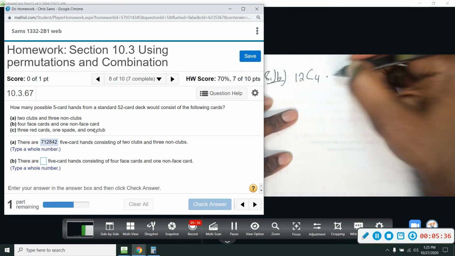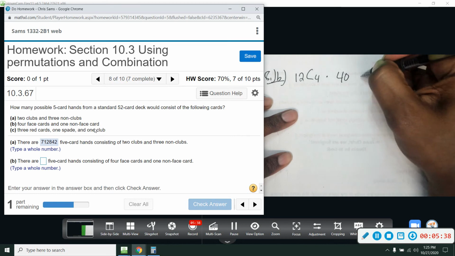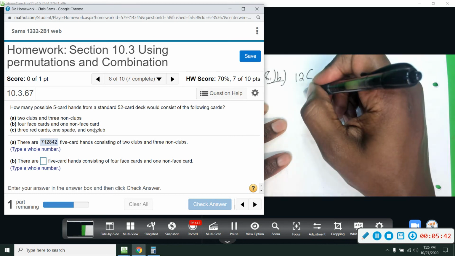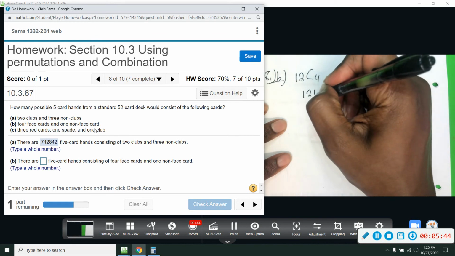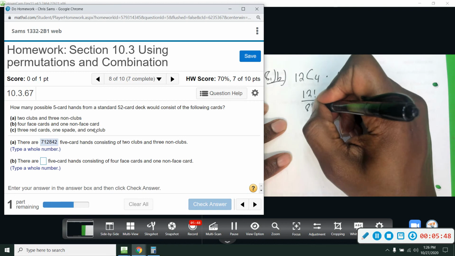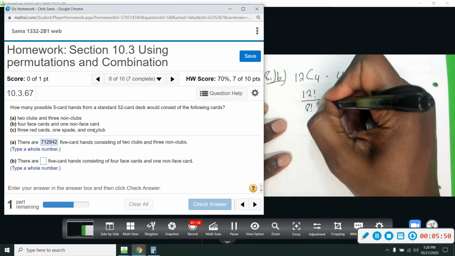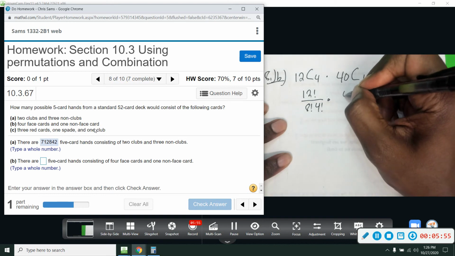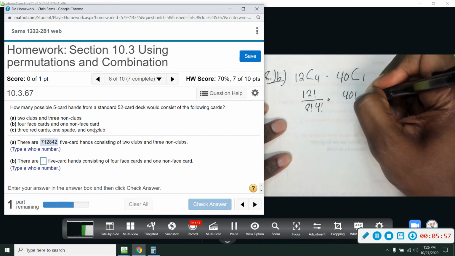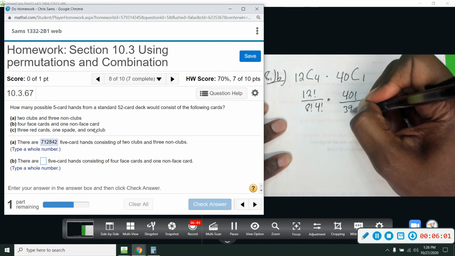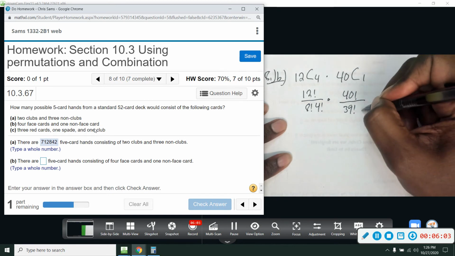And then out of 52, there are 40 other cards, and we want 1 of them. So we're going to do 12 factorial over 12 minus 4, which is 8 factorial, and then 4 factorial. And then over here, we're going to have 40 factorial over 40 minus 1, which is 39, and then 1 factorial.